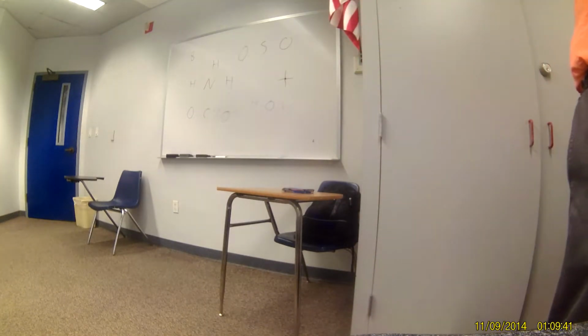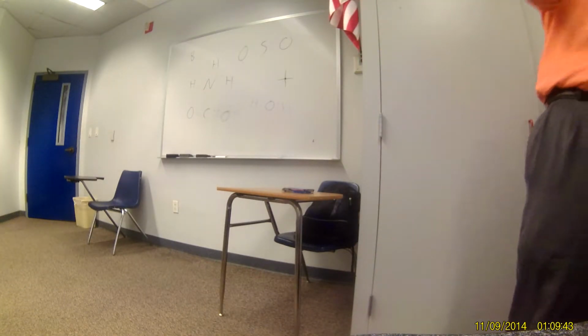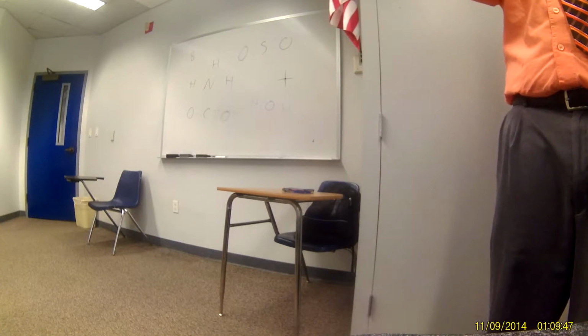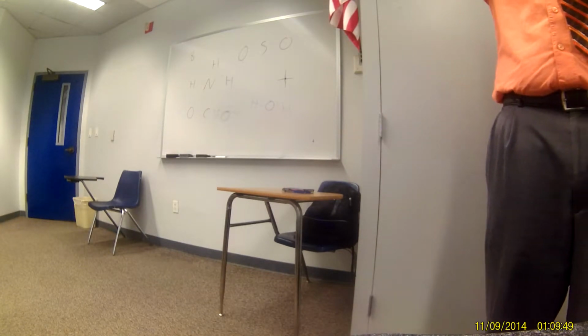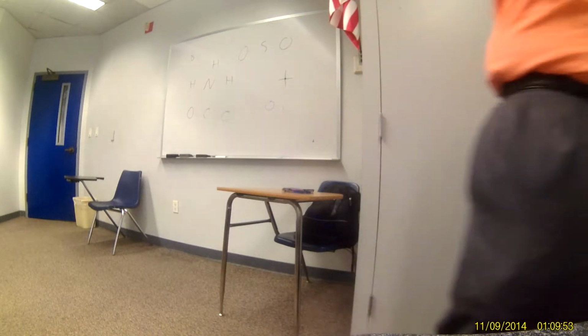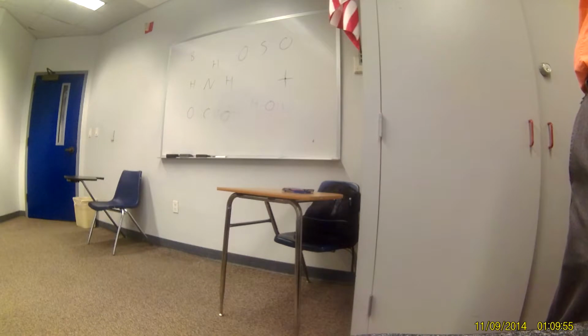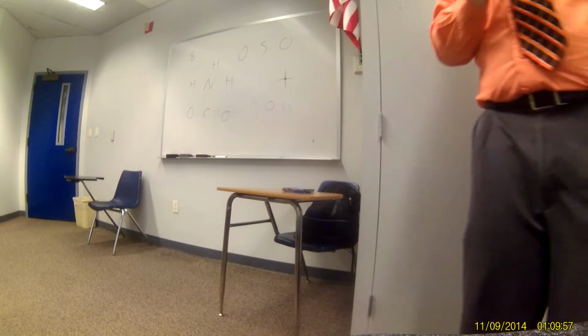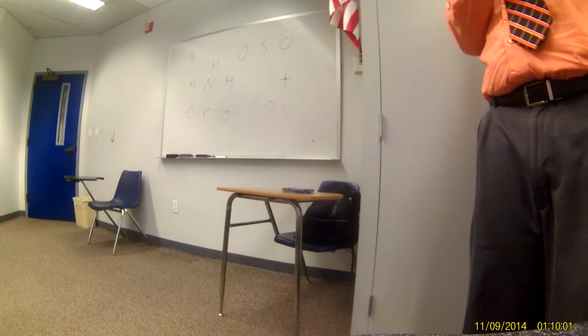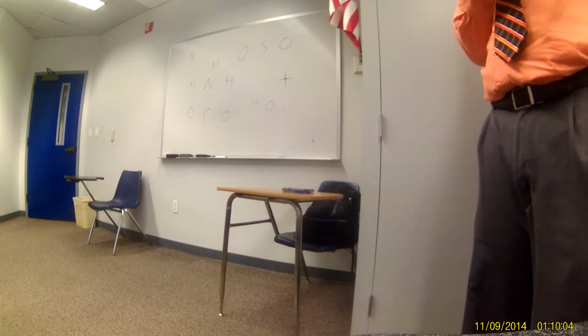If I pluck one off, this is now something new. This is a shape we haven't had anywhere else. This is called trigonal pyramidal, as opposed to trigonal planar. They both have three things, so they're trigonal, but that one is planar. Everything's in the same plane.